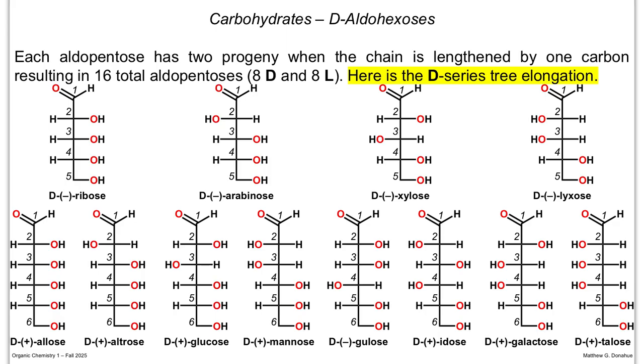So notice for the ribose, see how they're all on the right? We're going to add a group there. So that carbon becomes this carbon now. So we've put one to the right, we've put one to the left. Then we do the same thing for arabinose. So arabinose becomes glucose. And then each one produces 2.